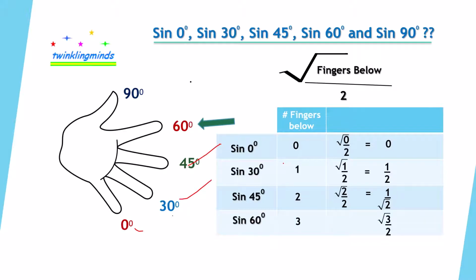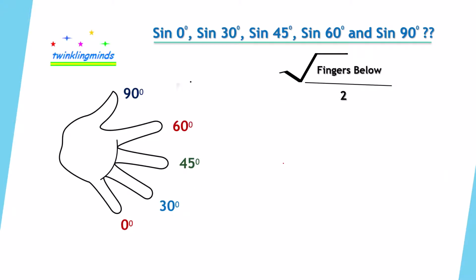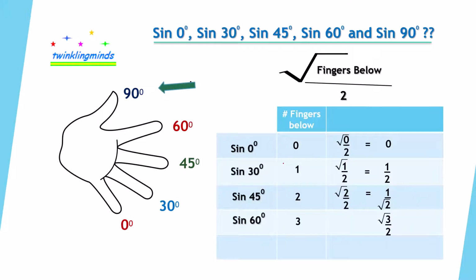What is the value of sine 90 degrees? Our last angle. How many fingers below now? 4. 1, 2, 3, 4. So the value of sine 90 degrees is square root of 4 divided by 2, which is nothing but 1.